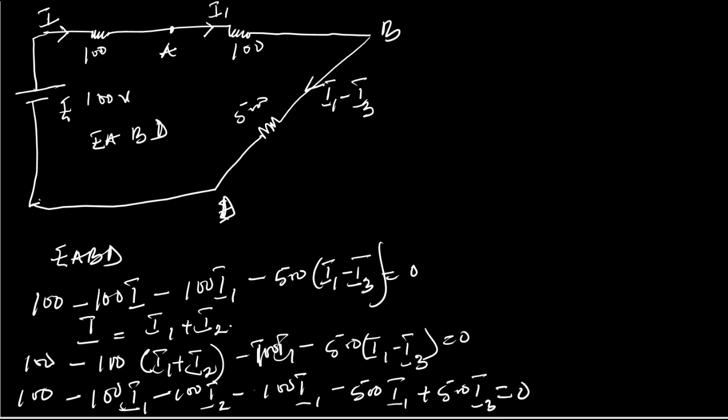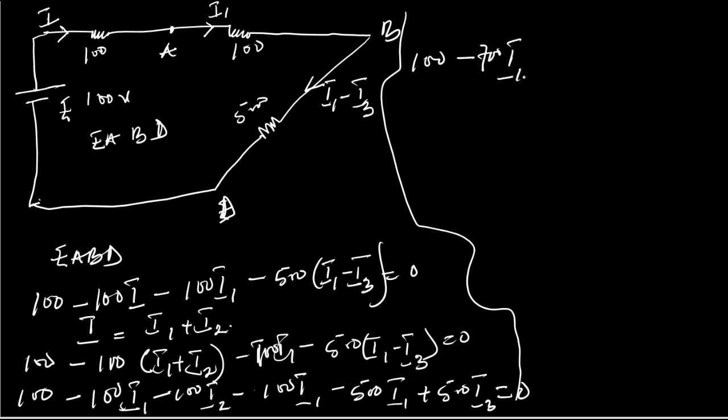Let's collect like terms. Here I have 100 I1, 100 I1 and minus 500 I1, that becomes minus 700 I1.